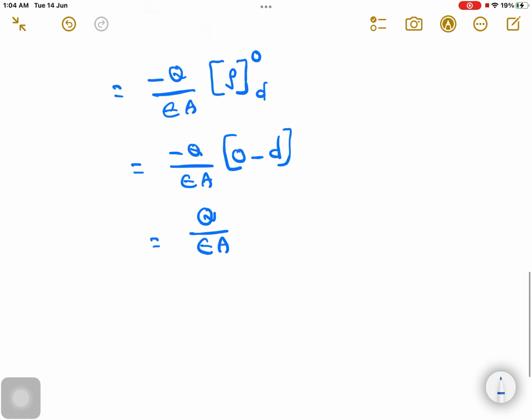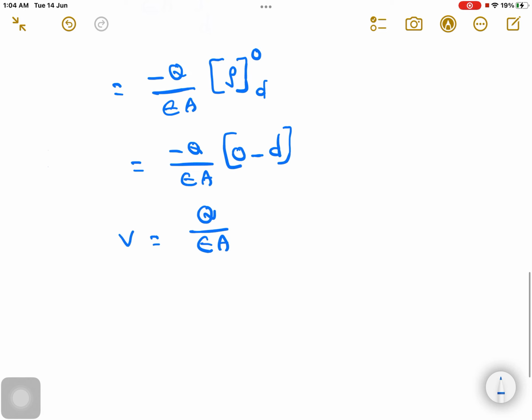On the left hand side we have V. What we actually want is C, which is given by Q by V. So here we have d also in the numerator, and minus minus gets cancelled. So C equals Q by V is given by epsilon A by d.